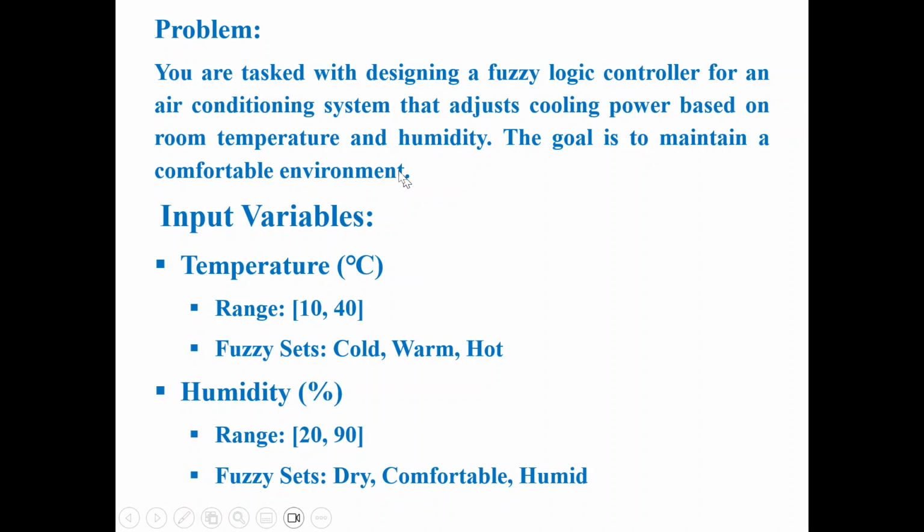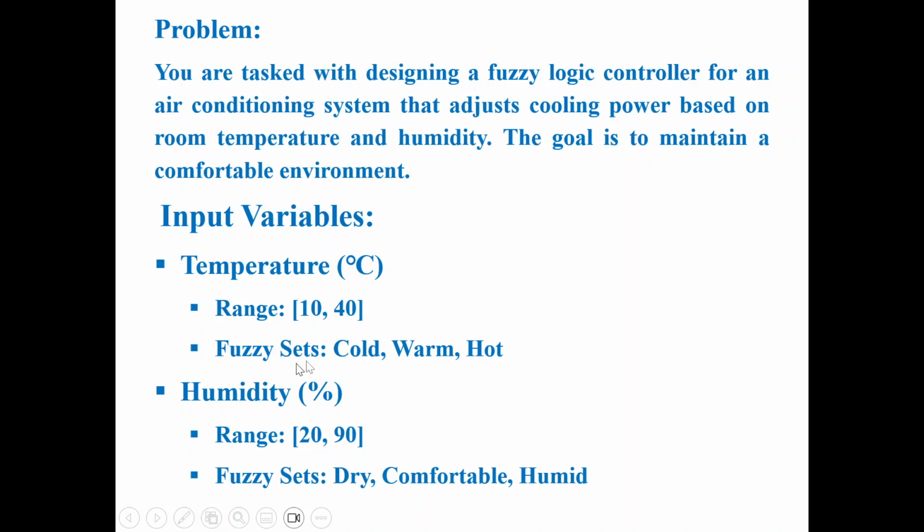The parameters for temperature are this: the range is going to be from 10 degrees centigrade to 40 degrees centigrade, and the fuzzy sets are cold, warm, hot. These are the terms that we are going to use for this fuzzy set.